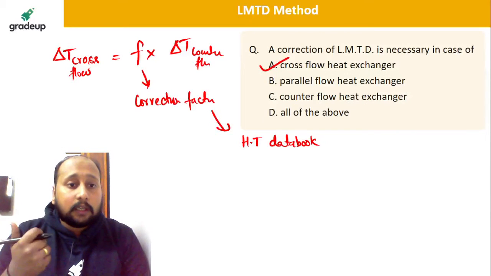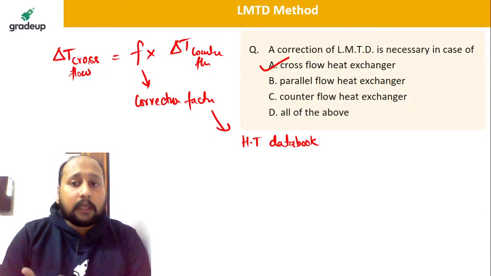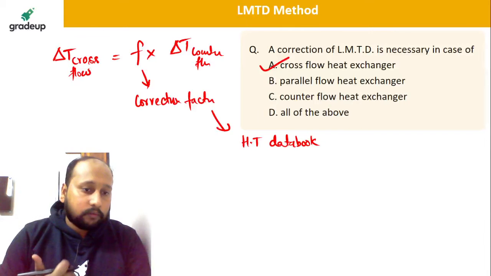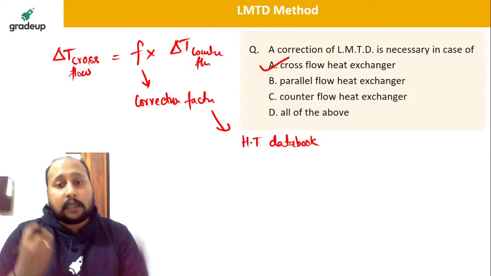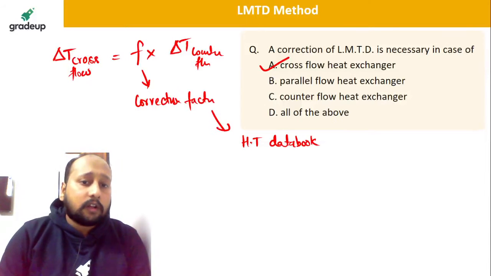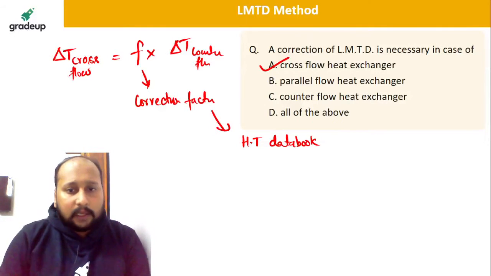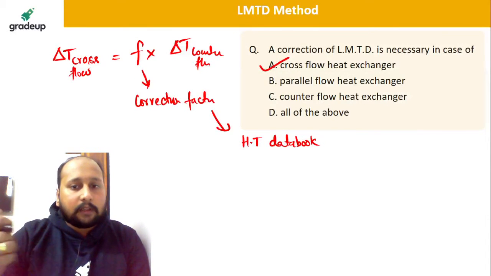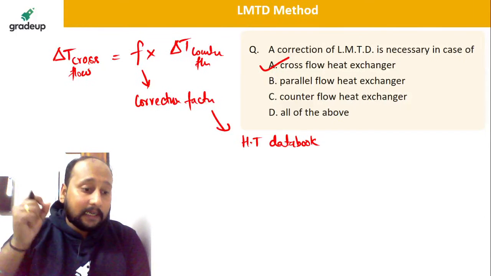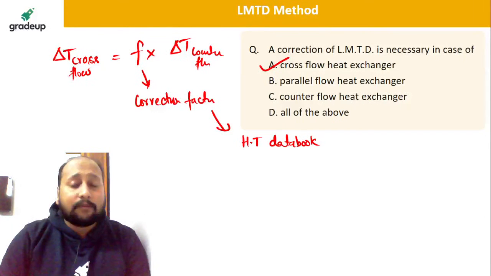We are using this correction factor only in the case of cross flow, because for counter flow and for parallel flow, we do have the formulas with us. So it doesn't matter whether we are going with a parallel flow or counter flow, but it definitely matters when we are talking about a cross flow.